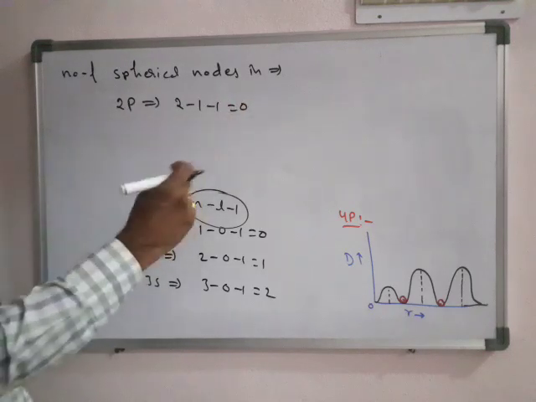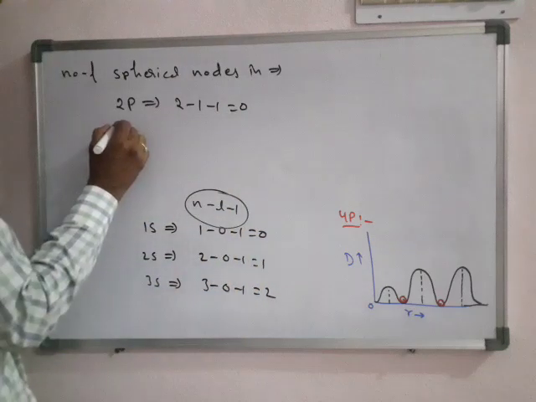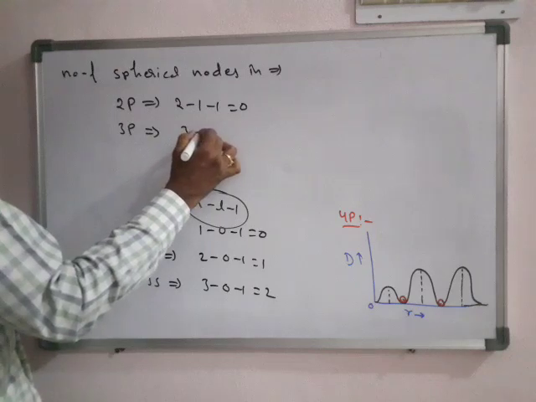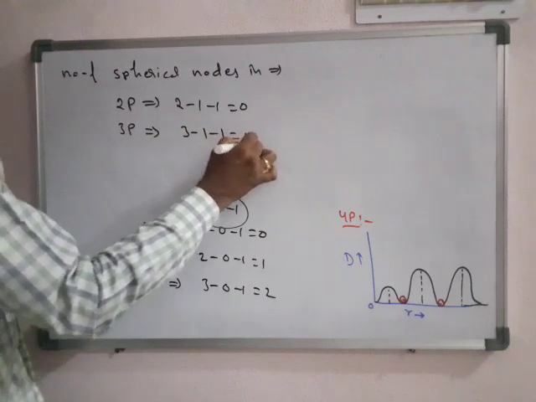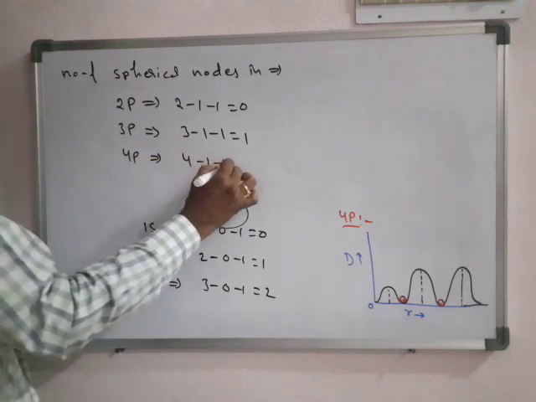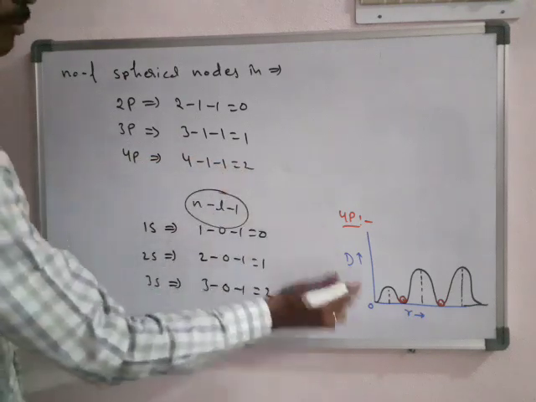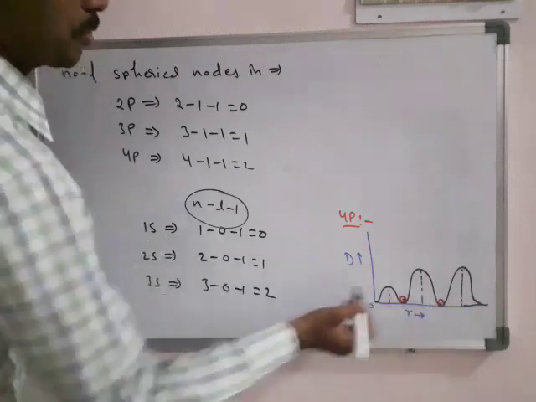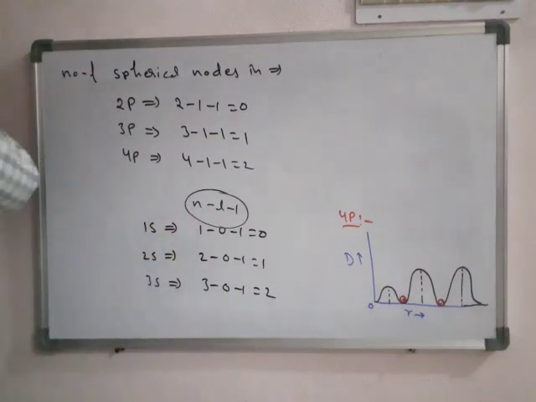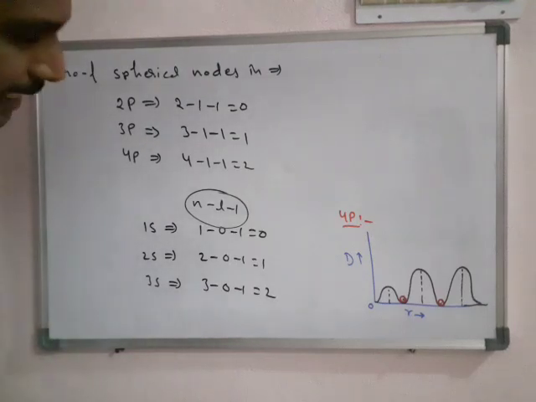For 2p we know there is only one peak, so there are no nodes, 0. What about 4p? That is 2. So for 4p there are 2 radial nodes present. This formula is perfectly useful to calculate the number of spherical nodes.